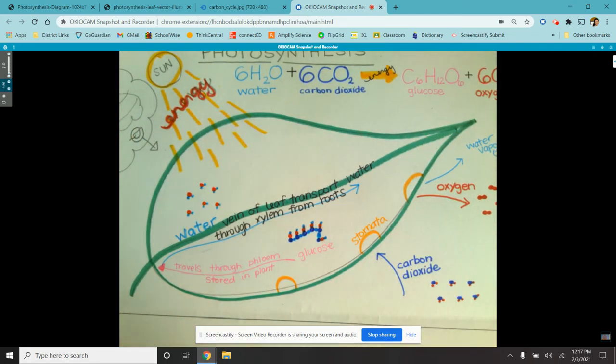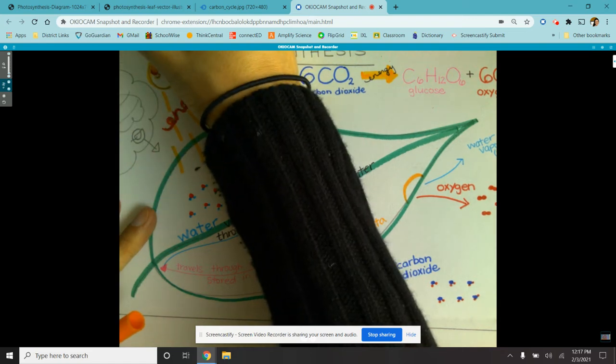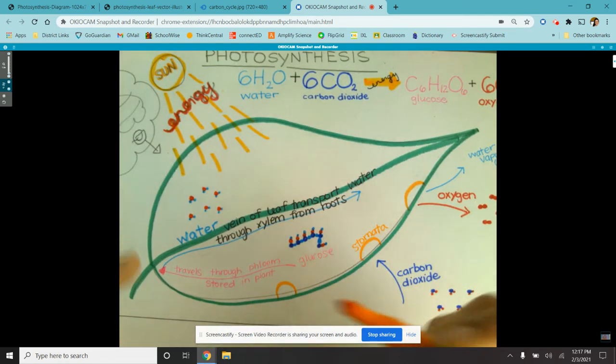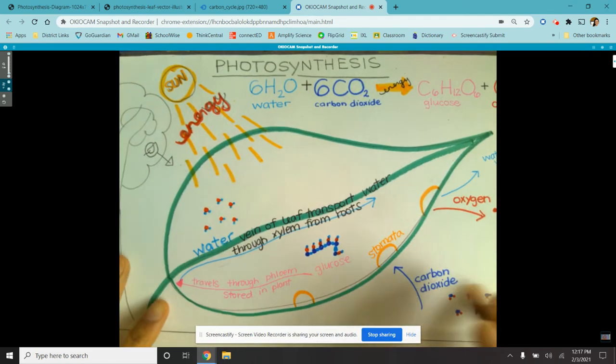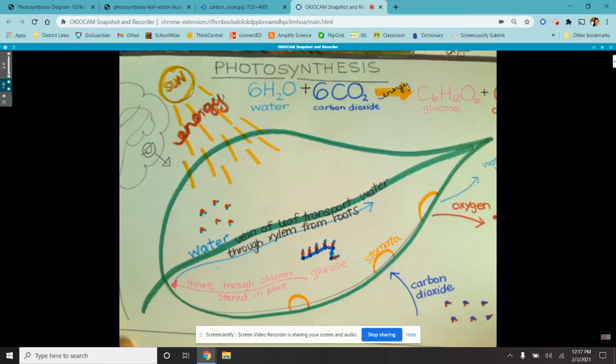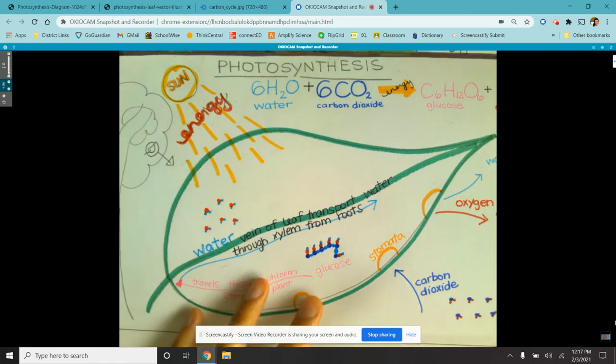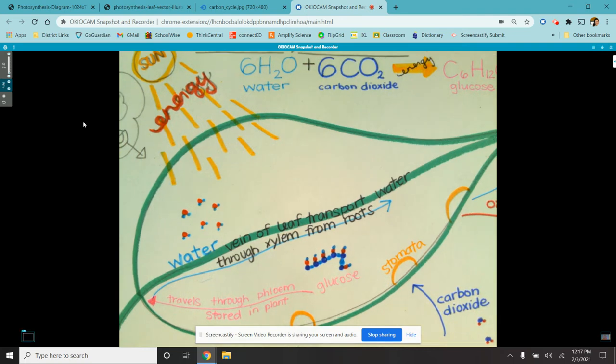The plant is absorbing the sun energy. All right, so I'm going to finish coloring this, erasing it, and I'll show you the finished product when we are done.